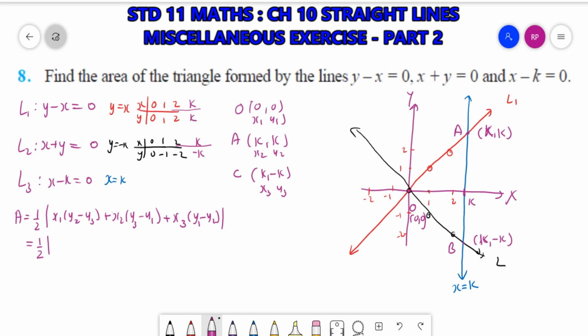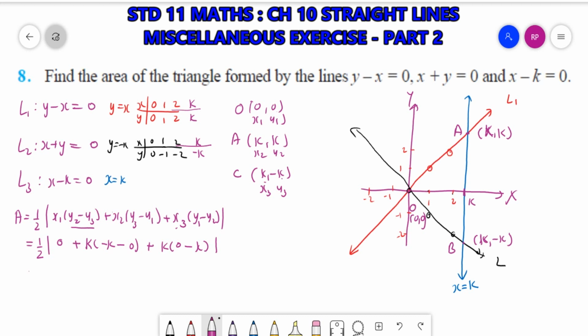Now let's put down the values of x1, y1, x2, y2 and x3, y3. What is x1? It is 0, so whatever I multiply with it will be 0, plus x2, that is k, times y3, that is minus k, minus y1, that is 0, plus x3, that is k, times y1, that is 0, minus y2, that is k.